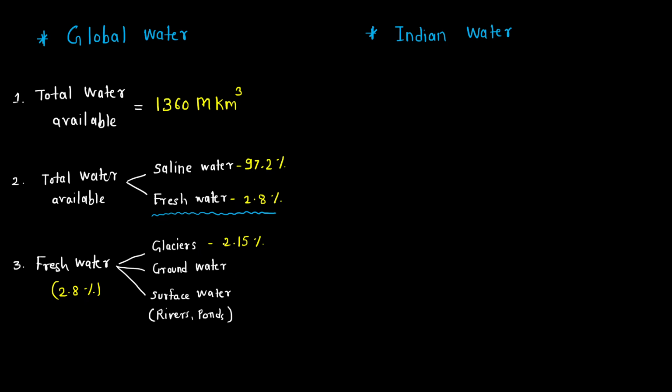So you can see the maximum percentage of drinkable water is also present in glaciers. Then the remaining is 0.32 percentage, present as groundwater, and 0.33% is present as surface water, which is present in rivers, ponds, or reservoirs.